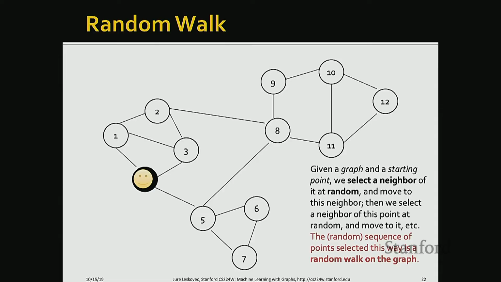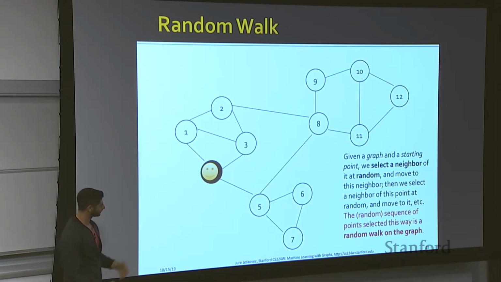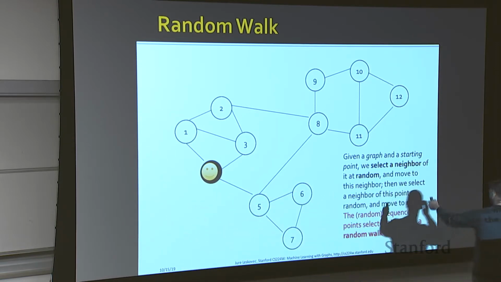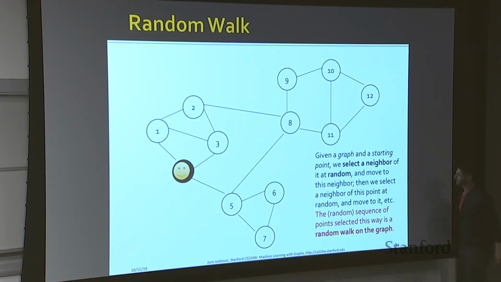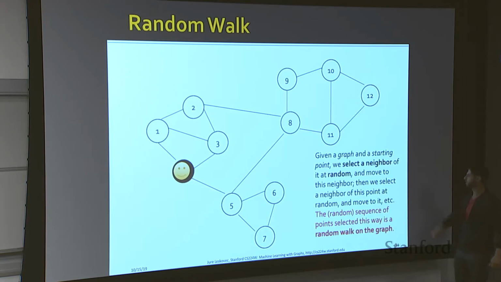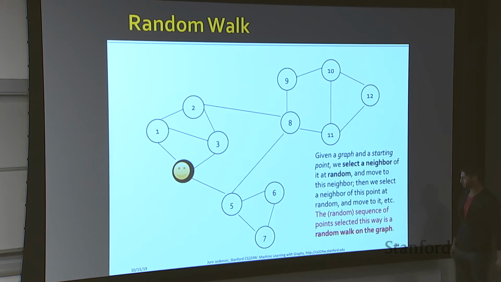So there's a very wide taxonomy of different random walks. But what we care about today is that a random walk is, you're given a graph, you're given a starting point, in our case node 4, and then we select a neighbor at random and we just move forward. The random sequence of all the nodes that you're going to be exploring is basically the random walk on the graph.